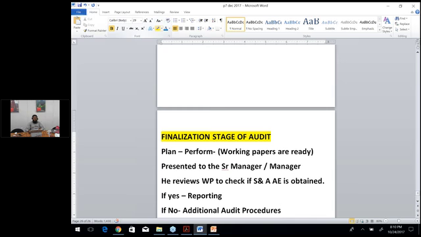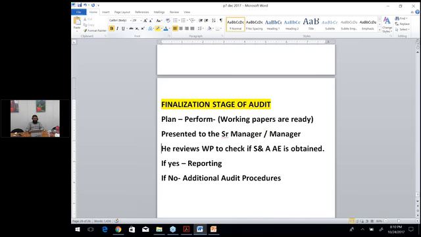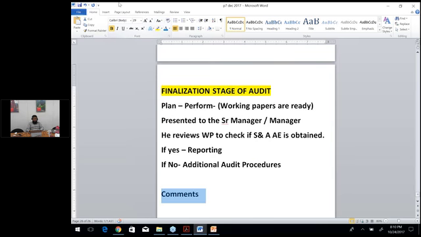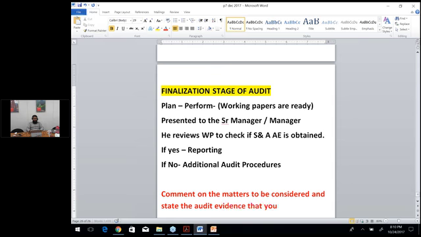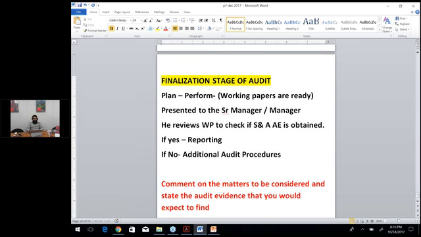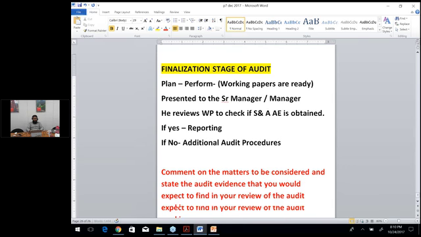Now, a typical exam question of the finalization or the review stage is one where you come across a requirement which says: comment on the matters to be considered and state the audit evidence that you would expect to find in your review of the audit working papers.